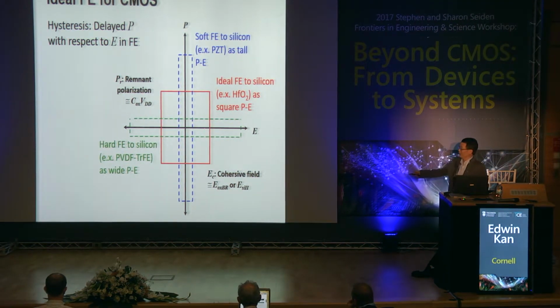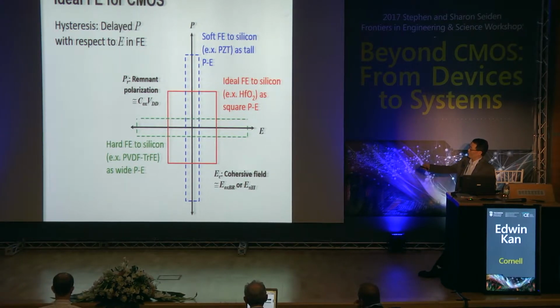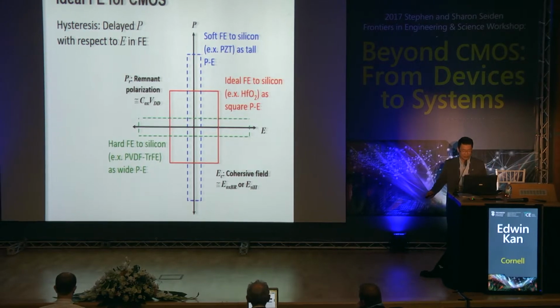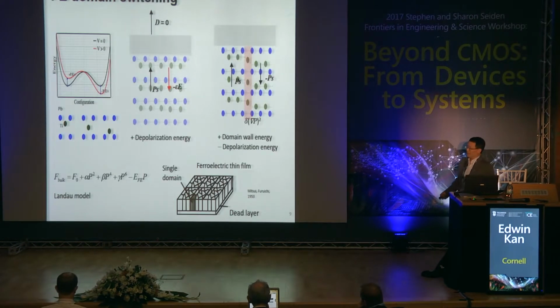Before, we were working with very tall PE loops, like PZT, or very flat PE loops, like PVDF. Now we have square ones as well, comparable with CMOS. It's interesting that for ferroelectric materials, even though the statics has been understood very well, the dynamics has not been.